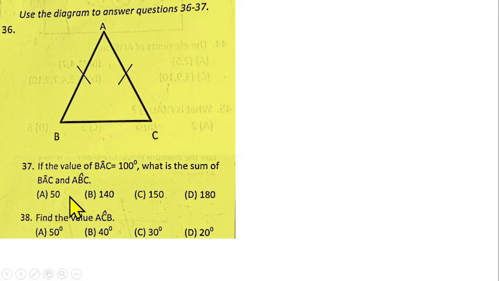So what is the sum of the angle ABC and the angle ACB? The sum of the angles here will be 180 minus 100, that gives us 80, because the sum of angles in a triangle is 180.